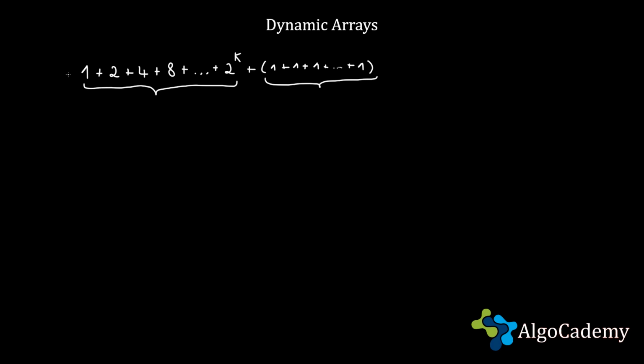This is a geometrical progression and actually has a formula. It is equal to 2 to the power of k plus 1, all of it minus 1. If you don't know how to compute this, don't worry, it's super simple.